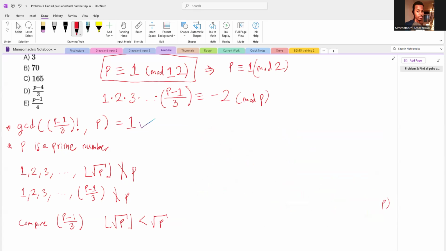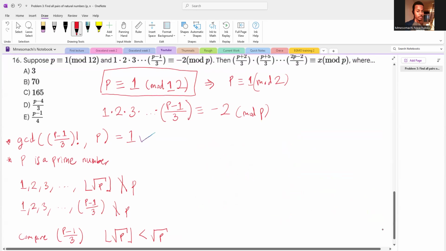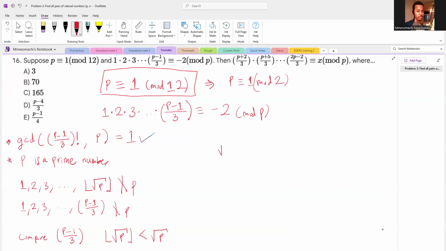Scroll back up. Basically, if we can show that the square root of P is less than (P minus 1) divided by 3, then it means this statement implies this.